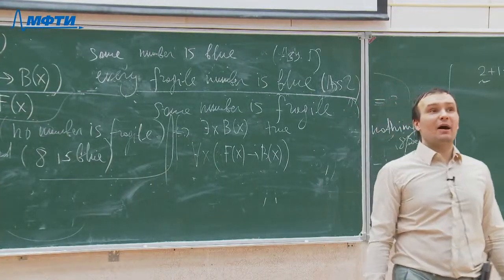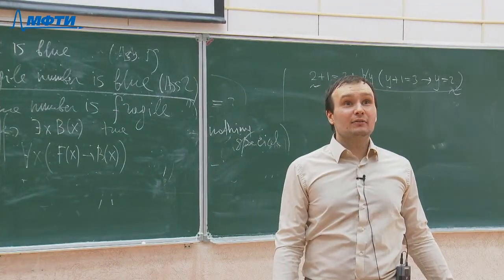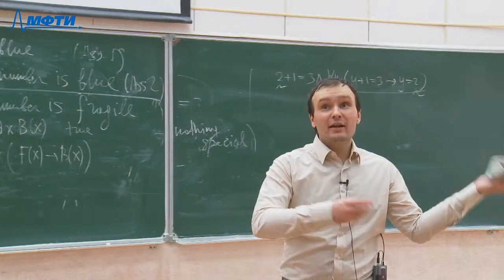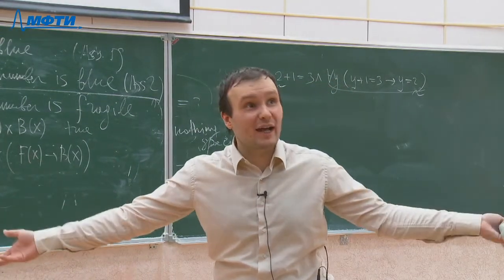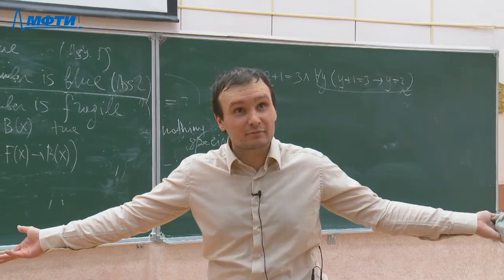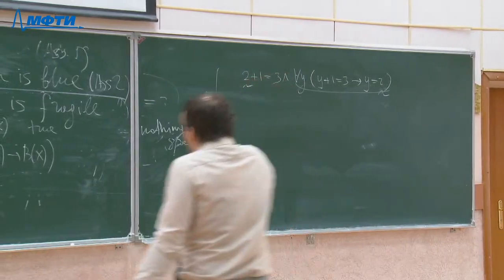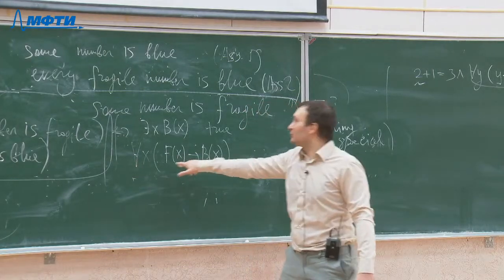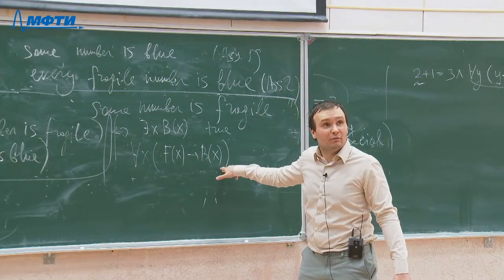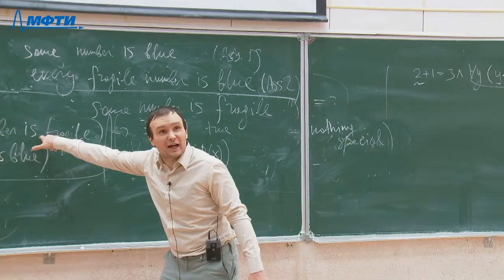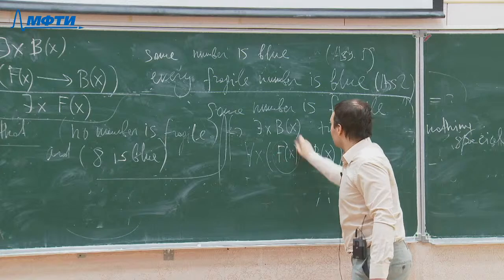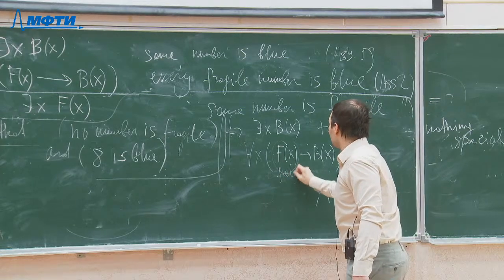Do you remember our bald king of France from the previous lecture? Every man, if he is the present king of France, is bald. Here we have exactly that. Every number, if it is fragile, is blue. But no number is fragile. So this one is false.